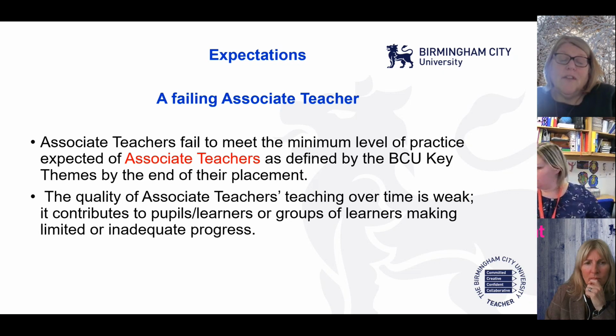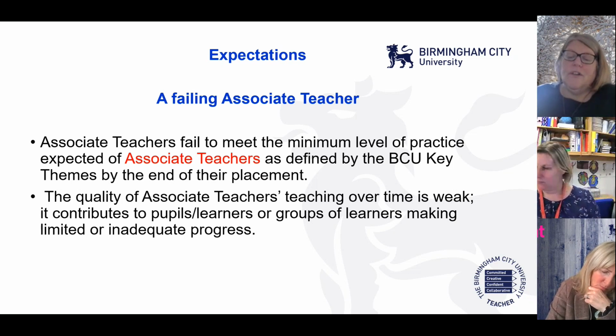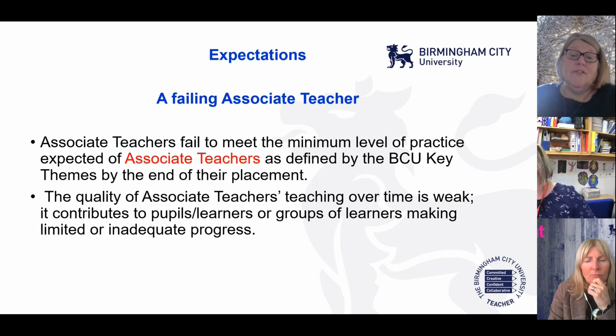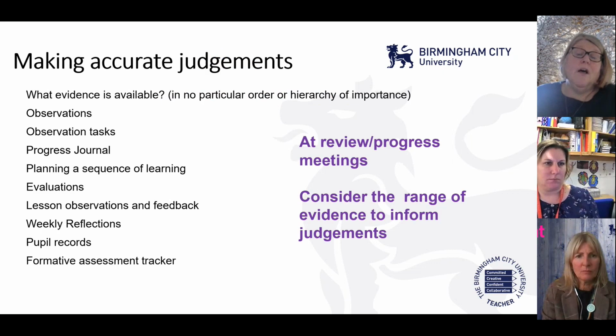What will happen is that there are then several options for that associate teacher. They will be offered a resit with support in place, etc. So that's something that, as a university, we would then make those next decisions for the individual associate teacher.